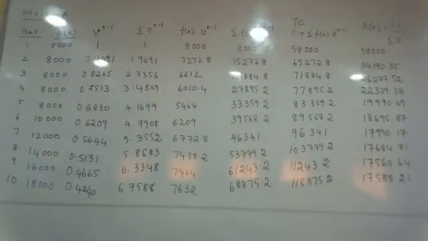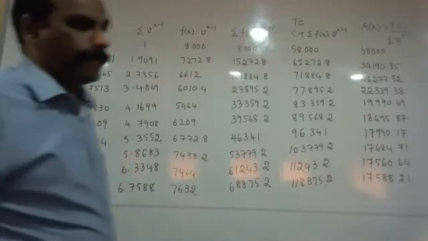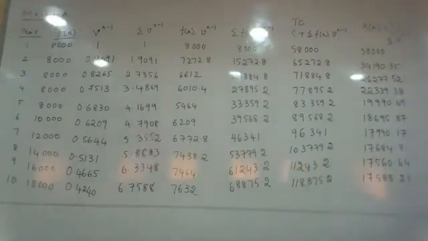Please make sure that you're not making any mistakes in calculations, because that is the most important part here. One small mistake, the whole problem is gone. It's correct, sir. Now we have got the first problem done.